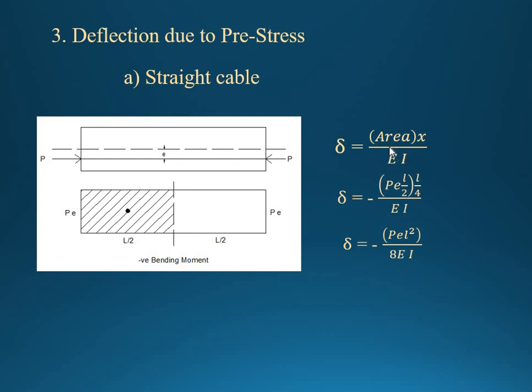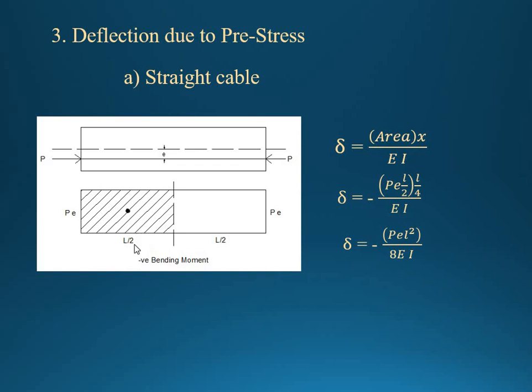So let us calculate the area value first. We know for a rectangle, area is equal to breadth into depth. So it is L by 2 into PE is the area, into the centroidal distance, which will be present exactly at the center, so it will be the length by 2.